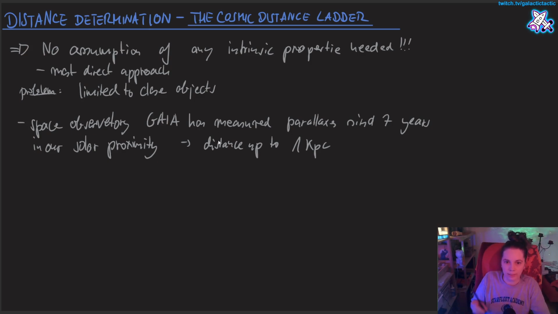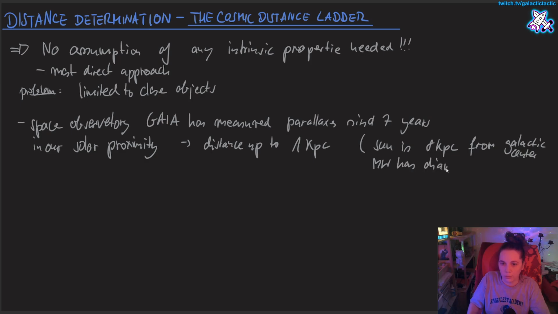And just a reminder, our sun is 8 kiloparsec from the galactic center, and our Milky Way has a diameter of, I think I have it here, 30 kiloparsec.